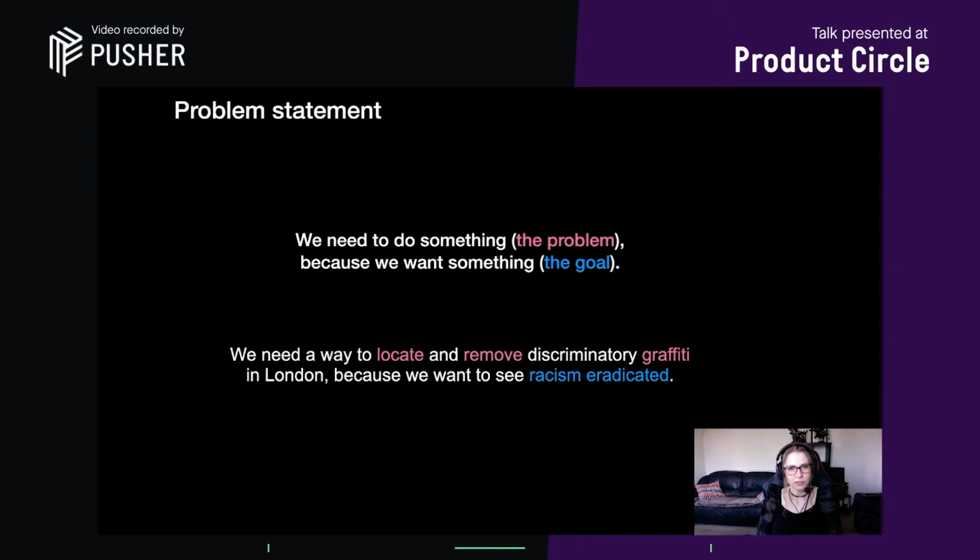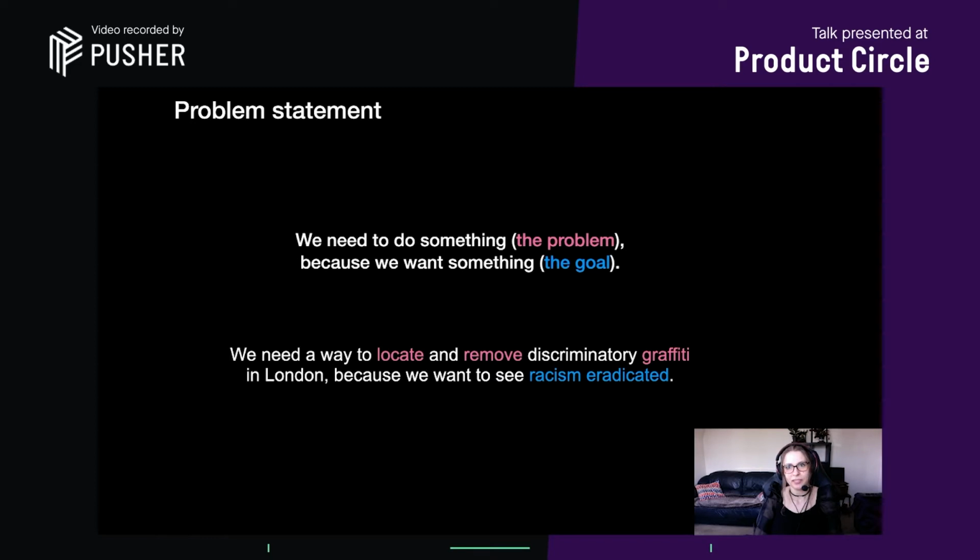And why do we want to do this? Because we want to see racism eradicated. That's our higher level goal, the end goal, right? If that happens, we have succeeded. And the designer's goal is to figure out the way how to get there. And that is called strategy.